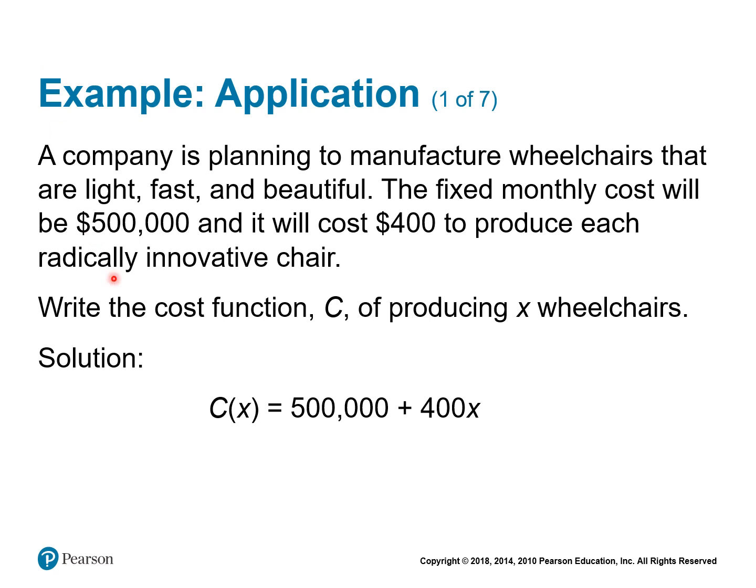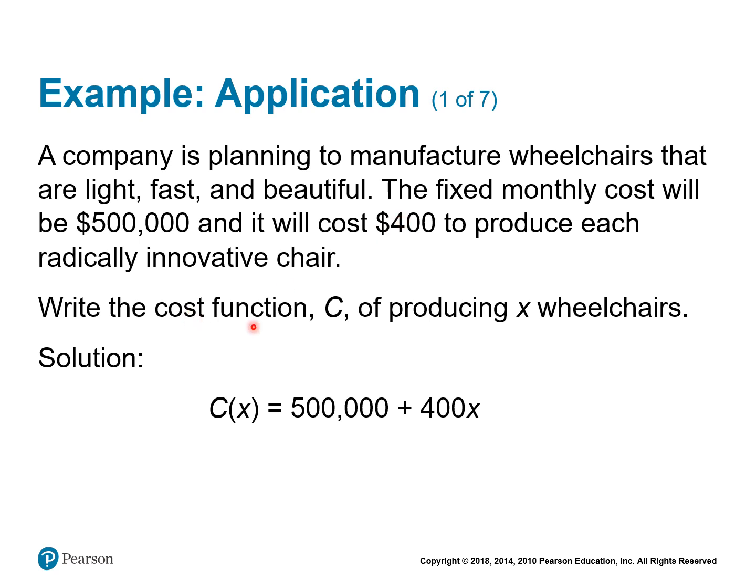Okay. What is involved in the cost? There is a fixed cost which is $500,000. Whether they produce one wheelchair or 50 wheelchairs or 1,000 wheelchairs, the fixed cost will always be added to the total cost. That's the fixed cost. And there's a variable cost of $400 for each wheelchair.